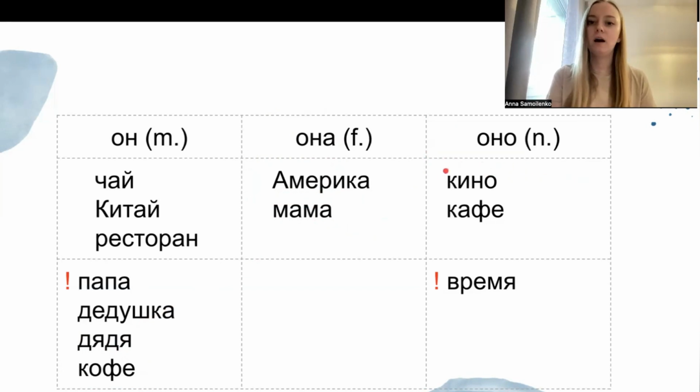And let's go to neuter gender, neuter оно, so it, оно. And here we have two words, the word кино, ending o, we discussed it with you. If the word ends on o, it is neuter gender. And кафе, that means cafe, so it is also neuter. And as you see, there is another exclamation mark, one more exception. It is the word время.